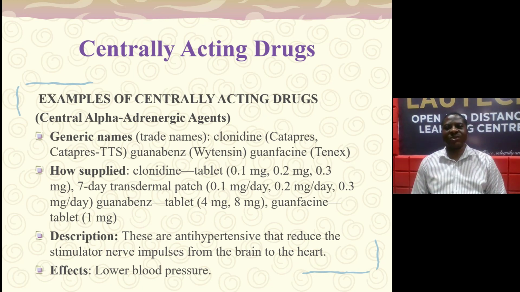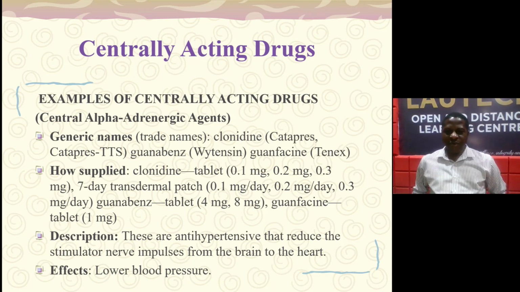Still on centrally acting drugs, examples are central alpha adrenergic agents, and the names are clonidine, whose trade names include Catapres TTS, guanabenz, that is Wytensin, then guanfacine, Tenex. These are supplied in tablet form.